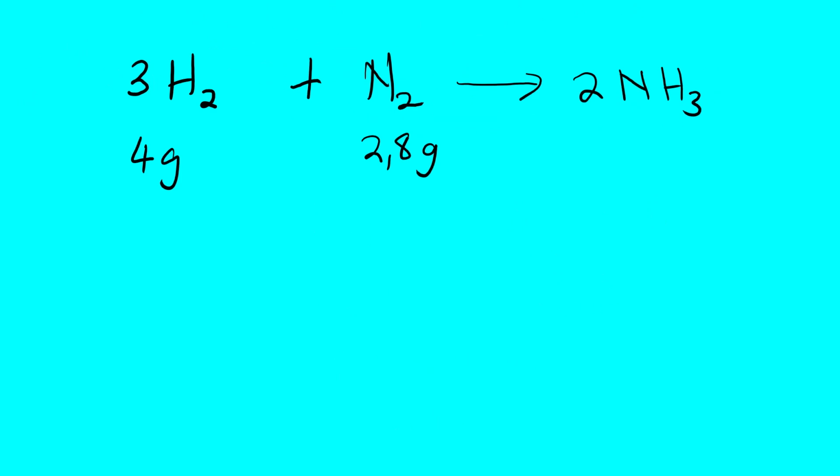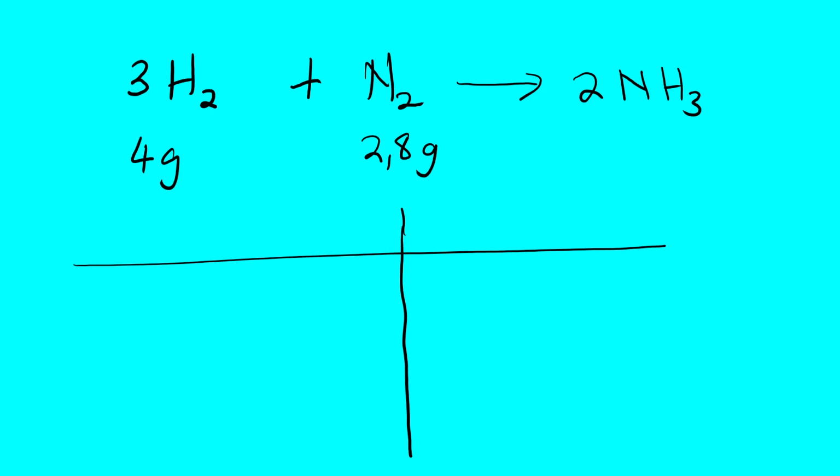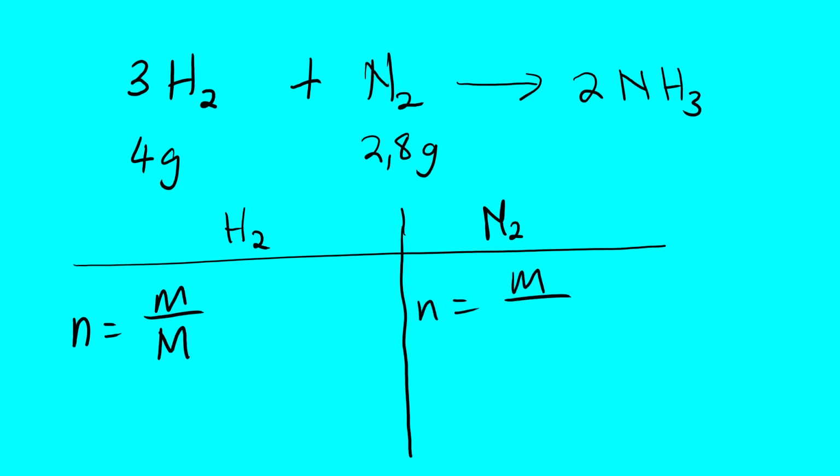We look at the second example. This one, we have hydrogen reacting with nitrogen to produce ammonia. We have 4 grams and 2.8 grams. As you can see, this chemical reaction is balanced, so we are good to go. So we are dealing with hydrogen this side, we are dealing with nitrogen this side. So we are calculating the number of moles.